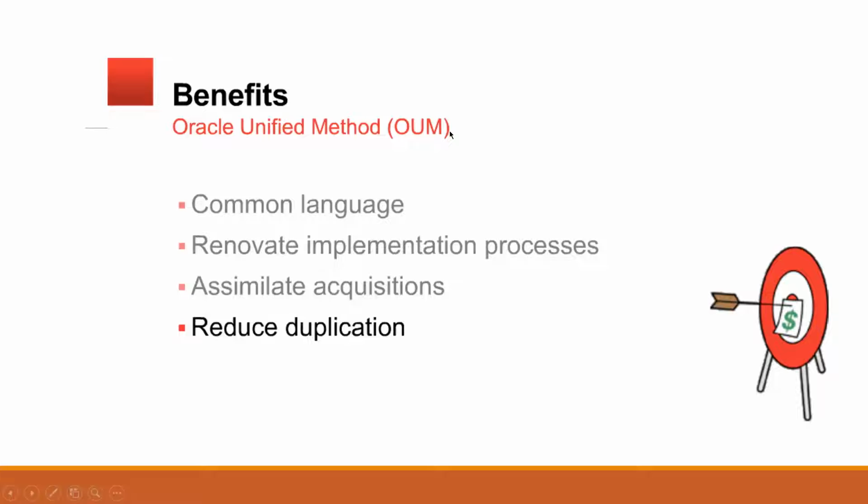OUM language means we follow the requirement stage, we follow the designing, we follow the implementation and training stage, and what are the common documents which we require. So in that way. The best example is when I'm traveling from one country to another country. Any country I go, we follow very standard rules. Definitely we need to have a boarding pass.